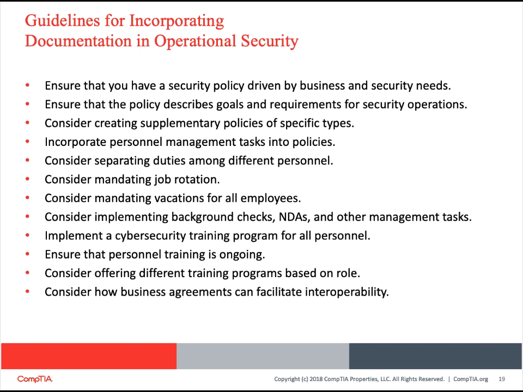Consider offering different training programs based upon roles, which we already talked about, and consider how business agreements can facilitate interoperability. So, these business agreements can make things a whole lot easier for our companies to cooperate with each other, and we can establish what our expectations are of one another. So, that is definitely something that we need to consider.